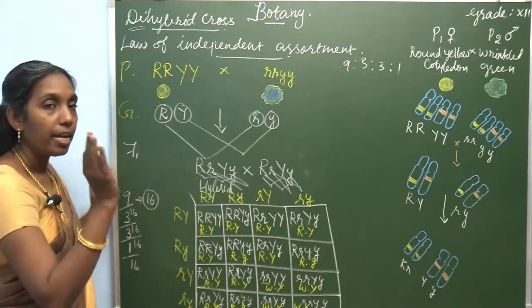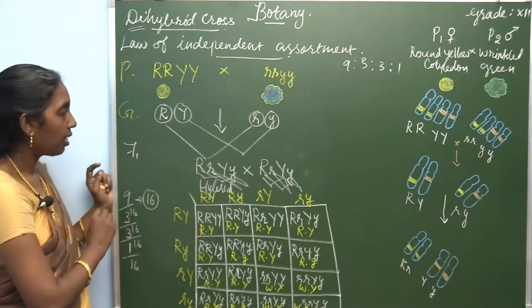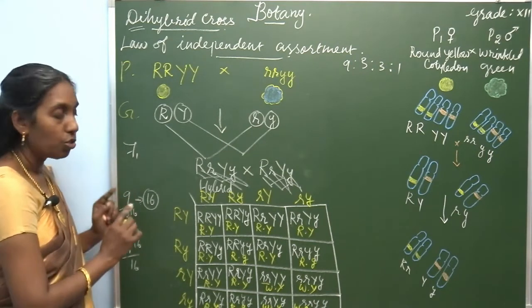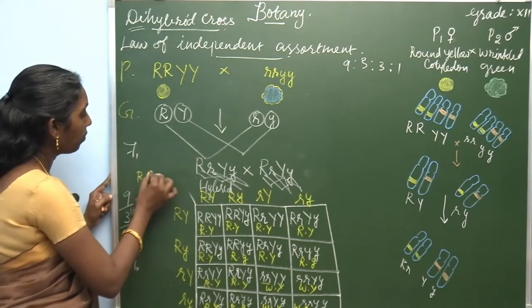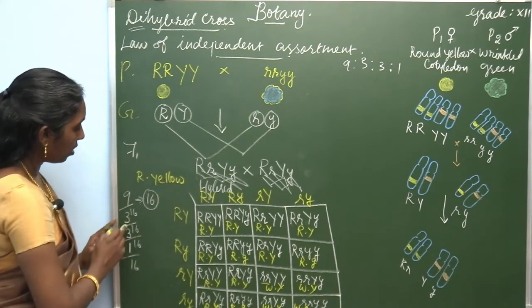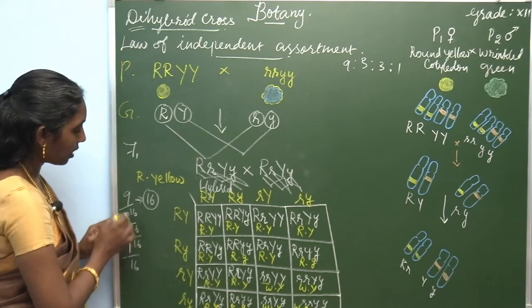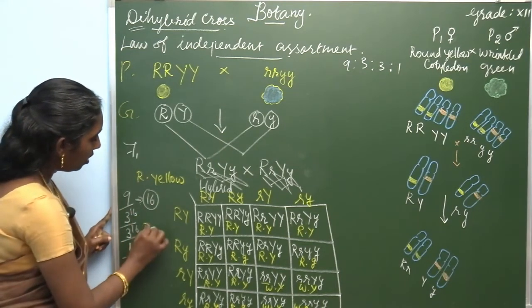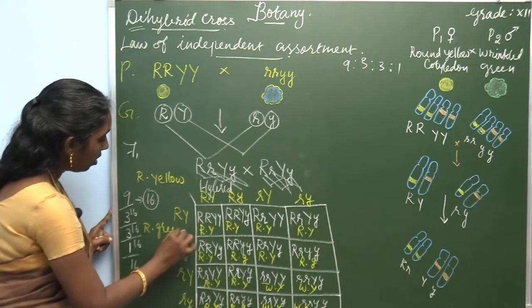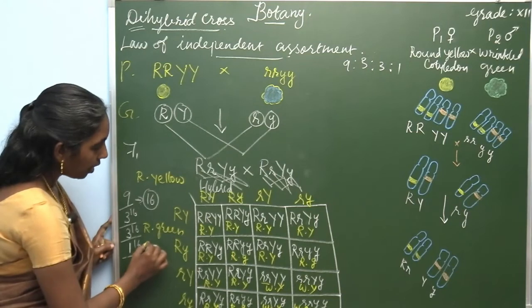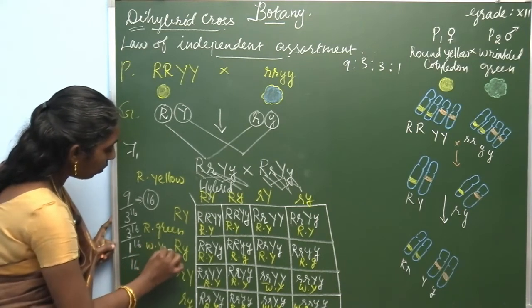Nine out of 16 show round yellow. Then 3 out of 16 produce round green. Another 3 out of 16 produce wrinkled yellow.